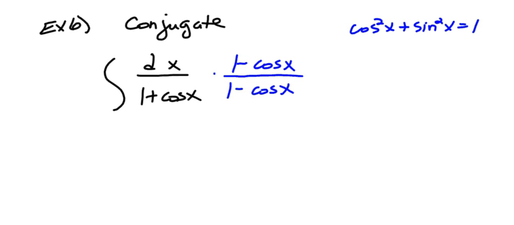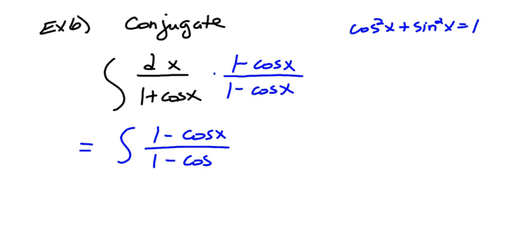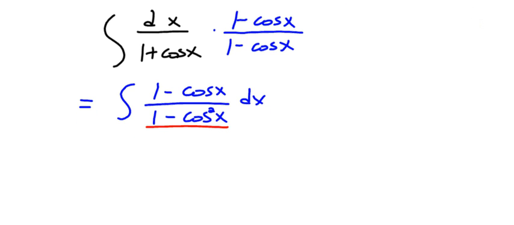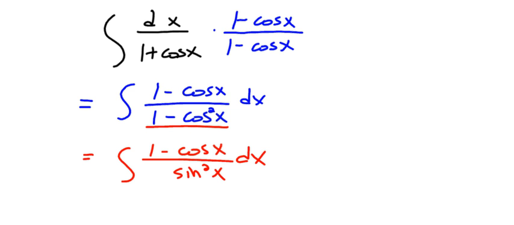So if I do the conjugate, I know then I'm going to get 1 minus cosine x over 1 minus cosine squared of x. And then I can do my substitution with sine squared, like that.